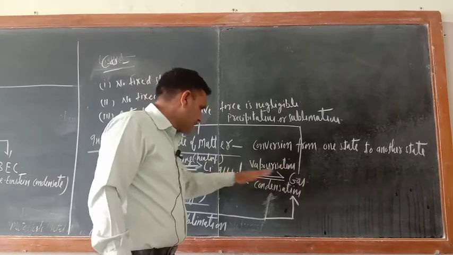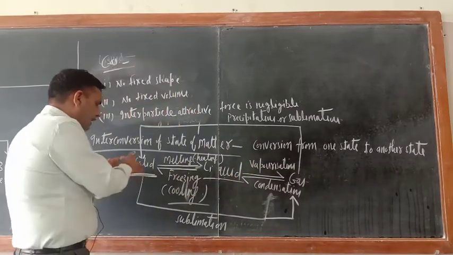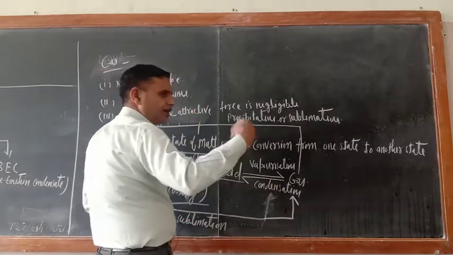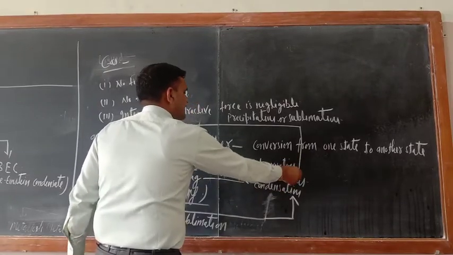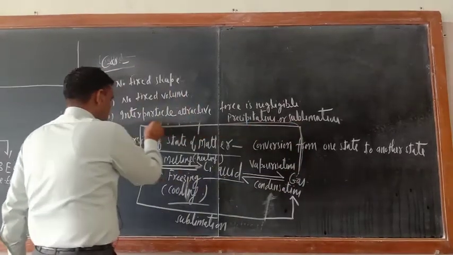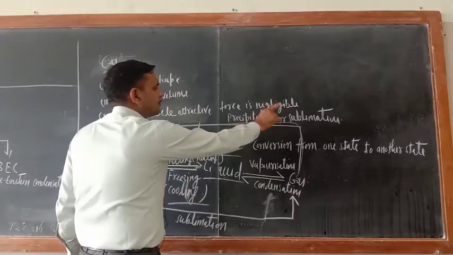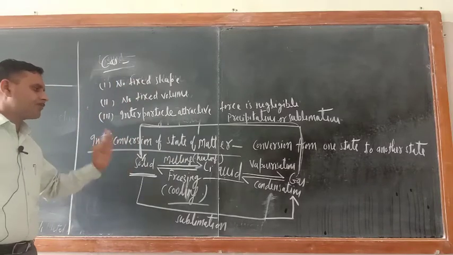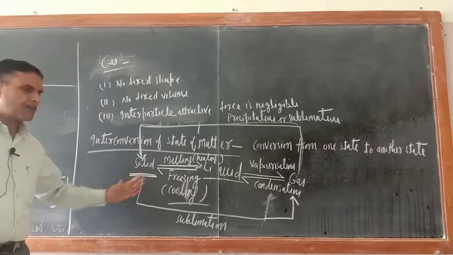Conversion of gas into liquid, condensation. Similarly, conversion of solid directly into gas without undergoing liquid state, that is sublimation. Similarly, conversion of gas directly into solid, that is known as precipitation or sublimation. So now this is the time to tell you something about these processes.